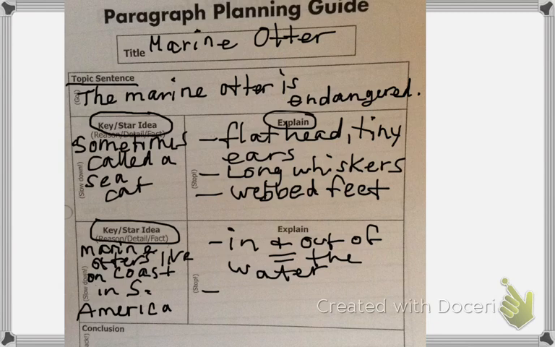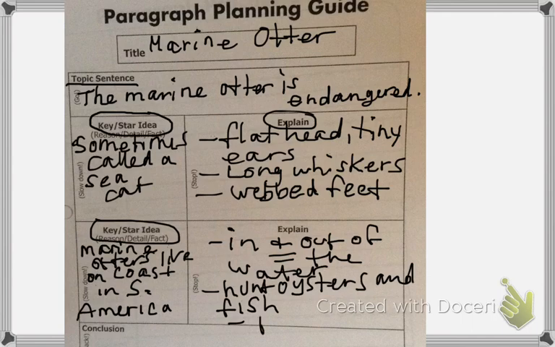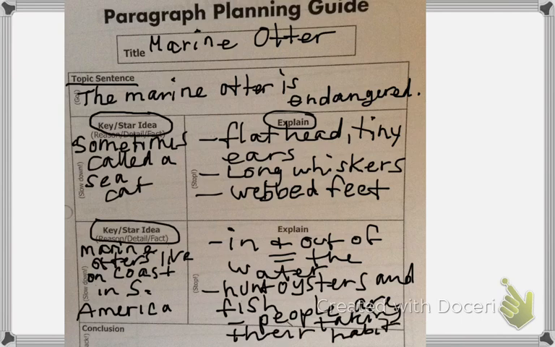They eat oysters and fish. They hunt oysters and fish. And I would probably say something about how people have started to build on the coast. People are taking their habitat. They're building cities and houses there.